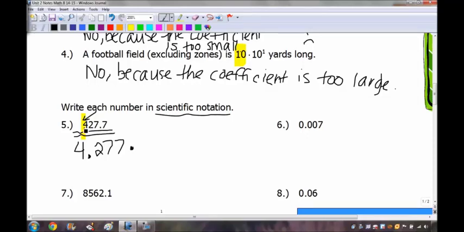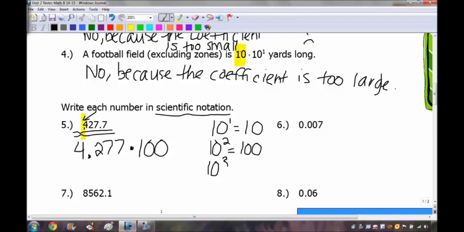Now remember, this digit right here is going to tell you what you have to multiply by. See how this is 427.7? It means you have to multiply by 100. Hopefully it makes sense that 4.277 times 100 would give you 427.7. Remember, 10 to the first power is 10, 10 to the second power is 100, 10 to the third power is 1,000, 10 to the fourth power is 10,000, and so on.